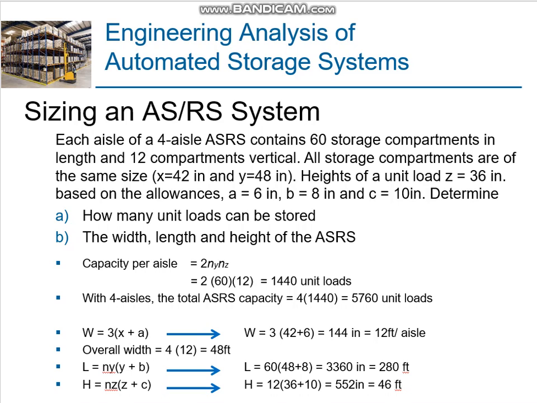With 4 aisles, the total ASRS capacity will be increased to 5,760 unit loads. And we can also count and determine the width, length, and height of the ASRS system, respectively.